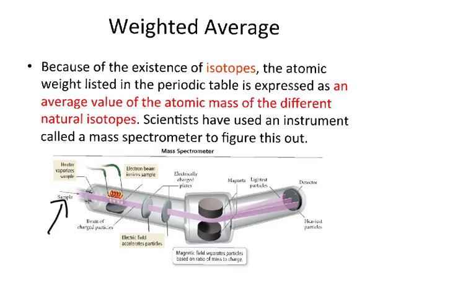The path of the neon ions diverge as they pass through this field, and then we can quantify the fractional abundances, but also measure the atomic mass of these isotopes as well.